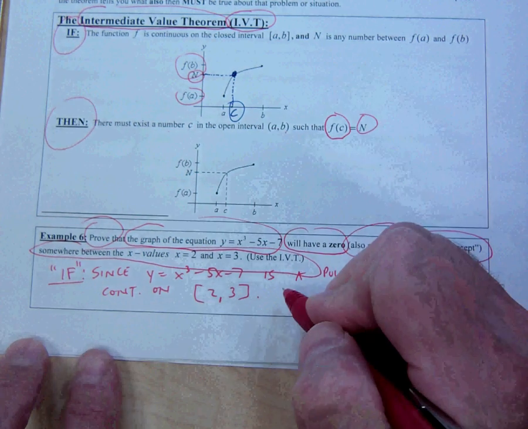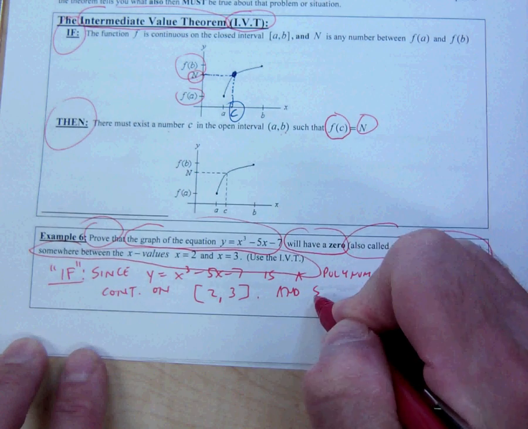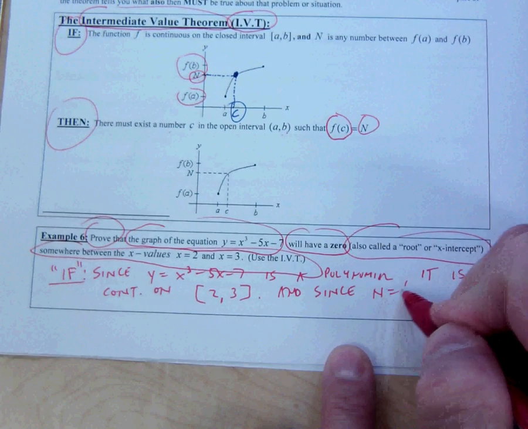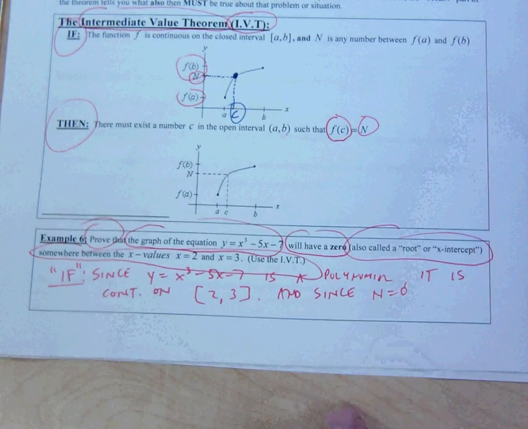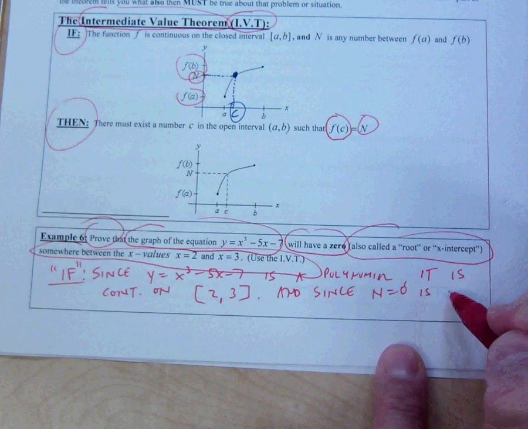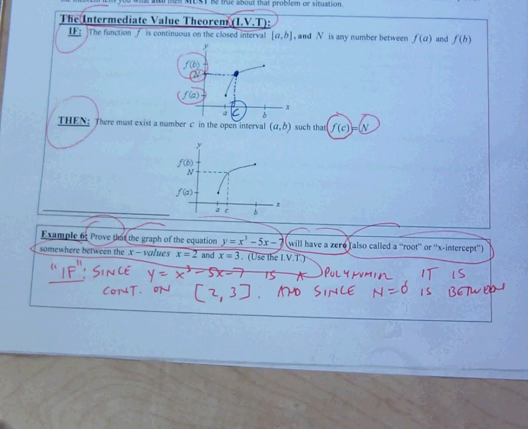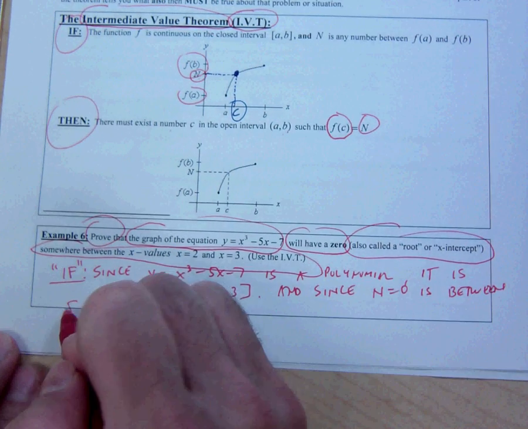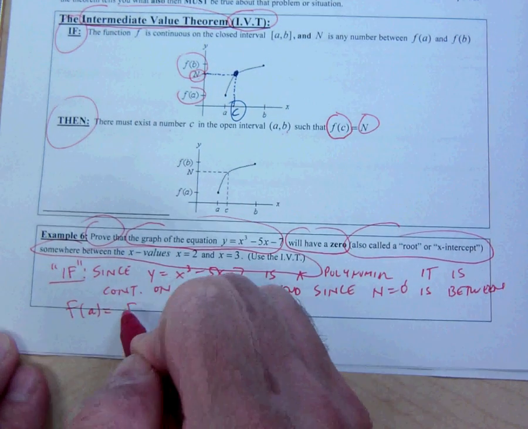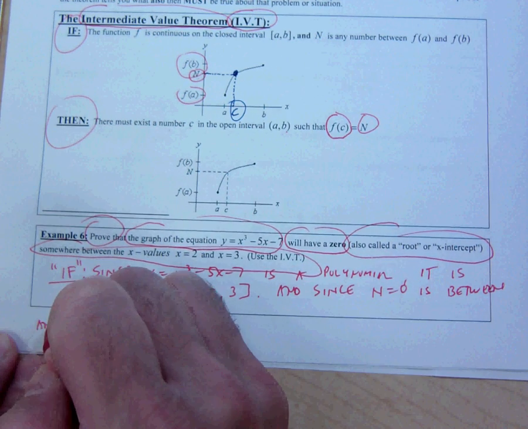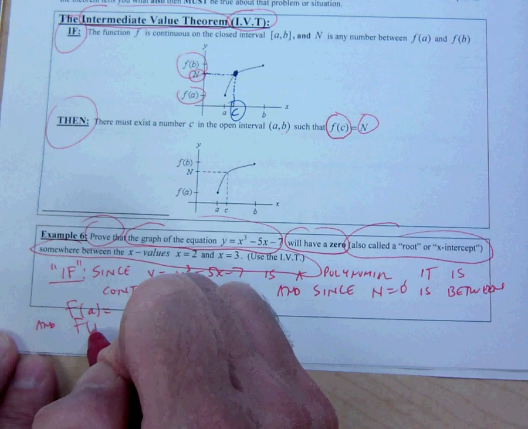So I want to say, and since the y value n equals 0 is between, what does it have to be between? F of A, which is f of what in this case? 2. And F of B, which in this case is f of 3.